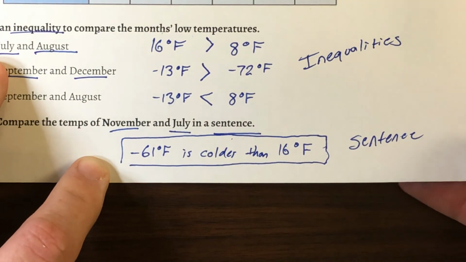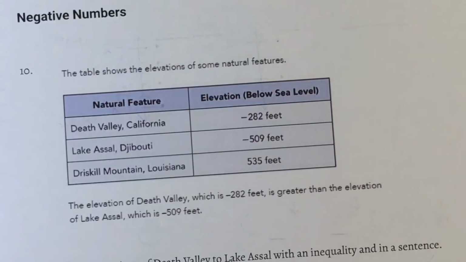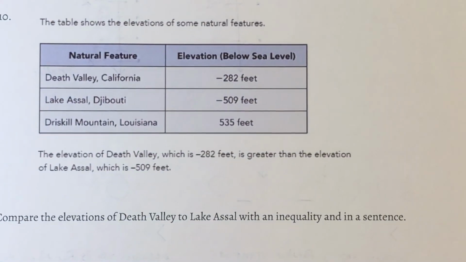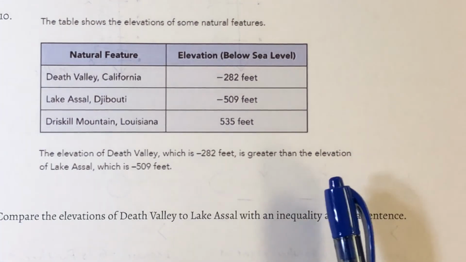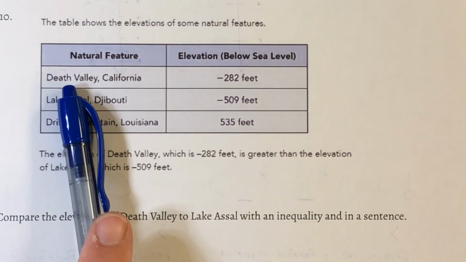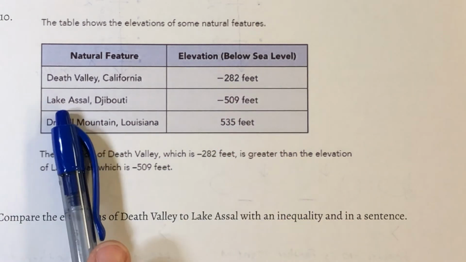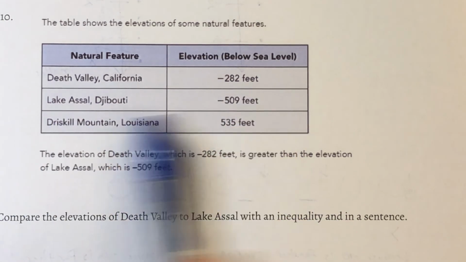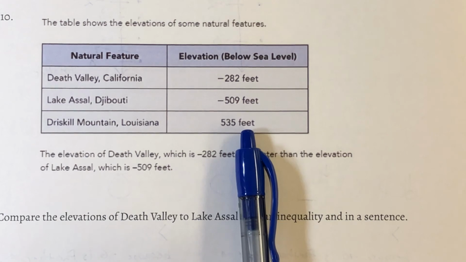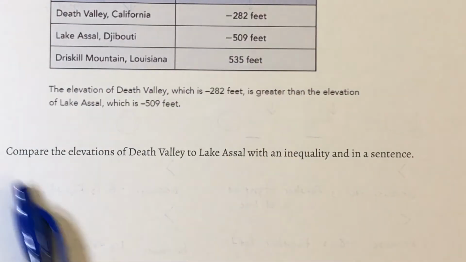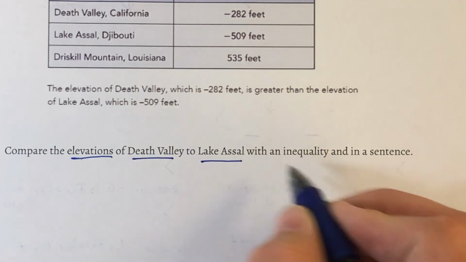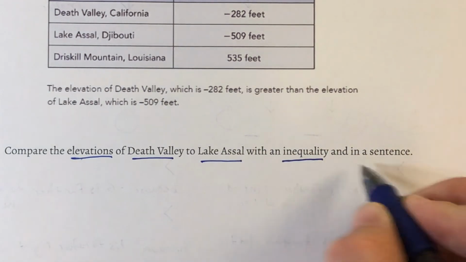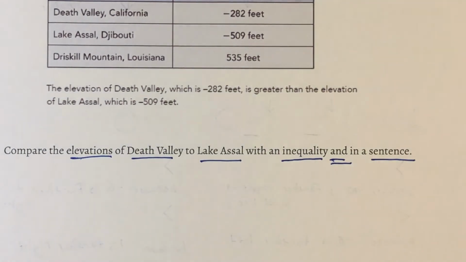Okay, we have one more example. All right, this table shows the elevations, so that's how high or how much higher or lower you are compared to sea level, which is at 0 feet. We've got Death Valley at negative 282 feet. We've got this lake at negative 509 feet, and Driscoll Mountain, Louisiana at 535 feet. Our question says, compare the elevations of Death Valley to this lake with an inequality and a sentence.